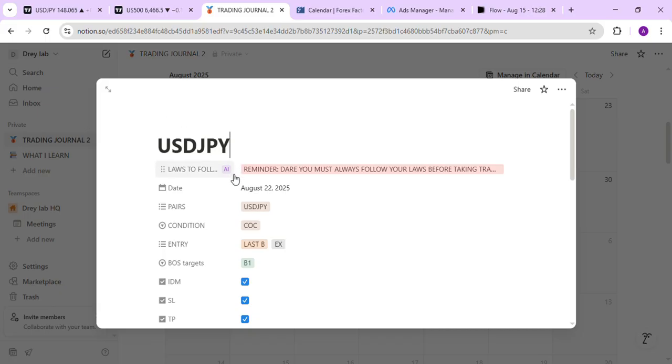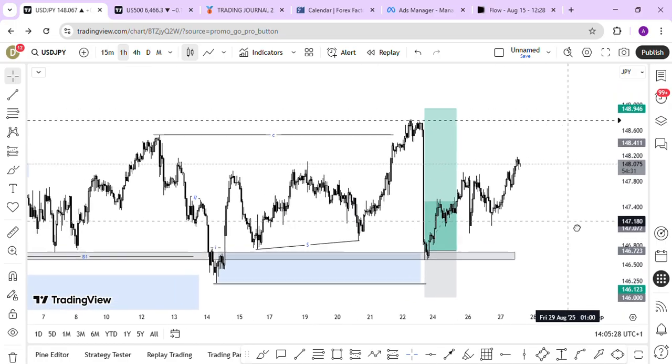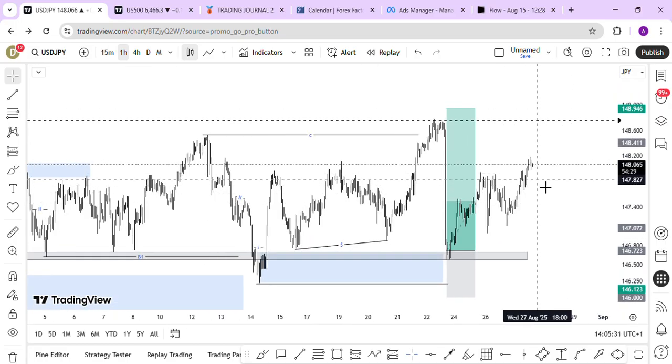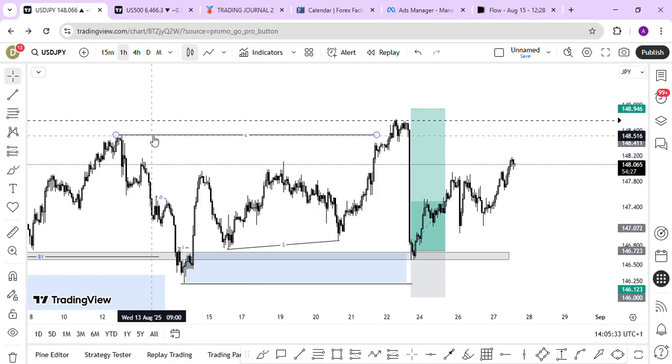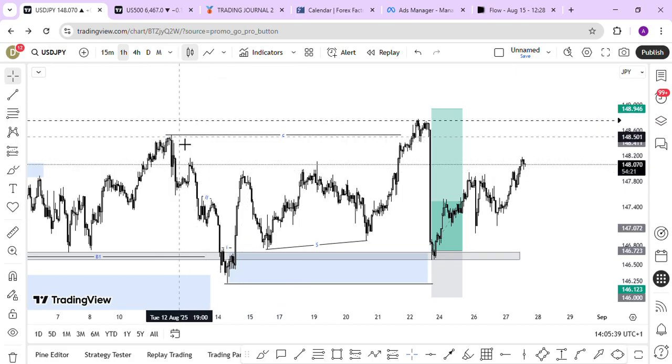Let me give you an example in this trade. Before I can take this trade, what is that thing that I have to see? First of all, I have to see a directional bias, either break of structure or change of character. As you can see, we had a change of character here.